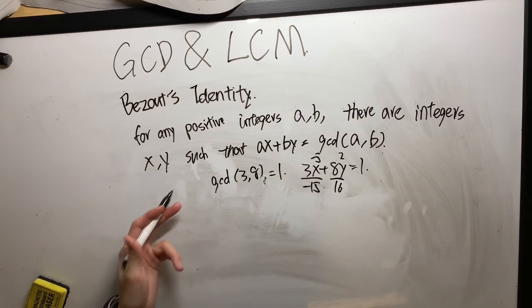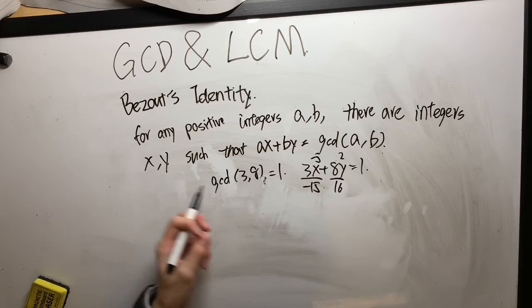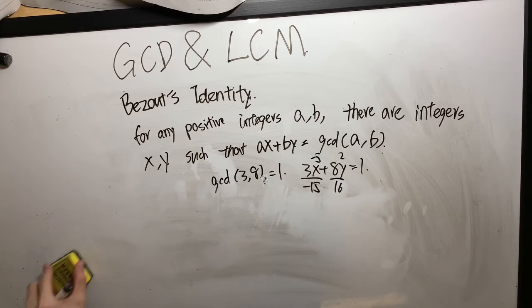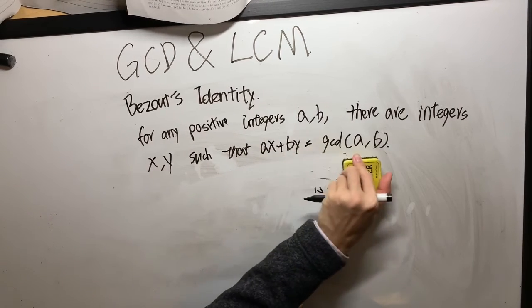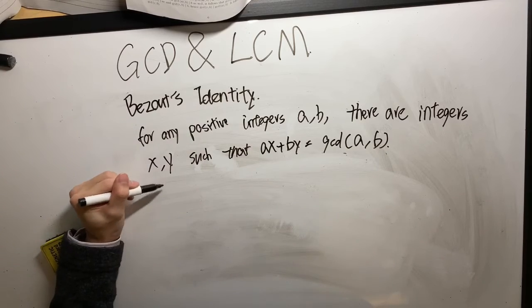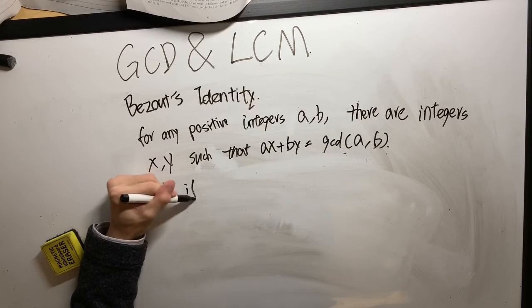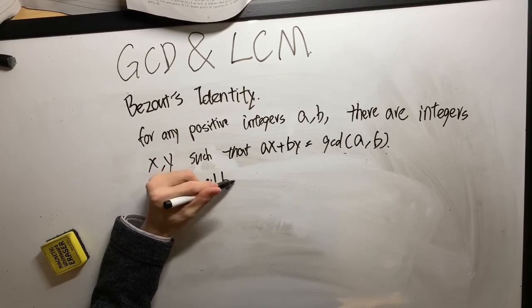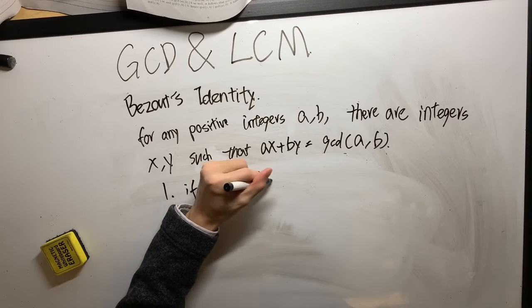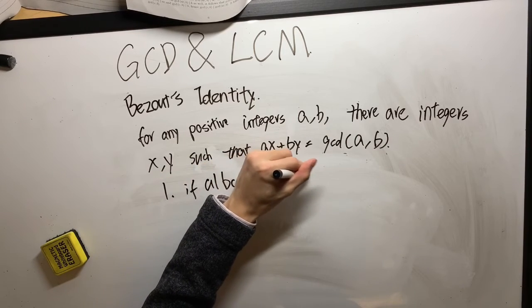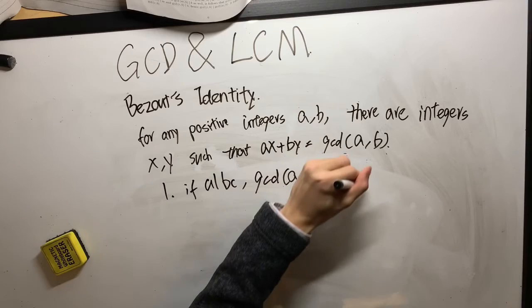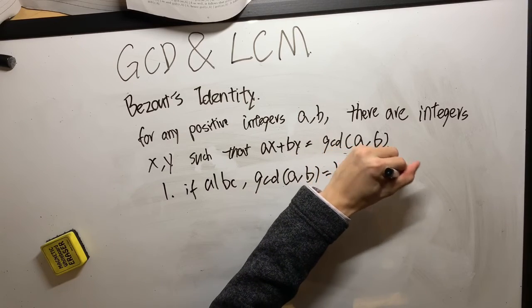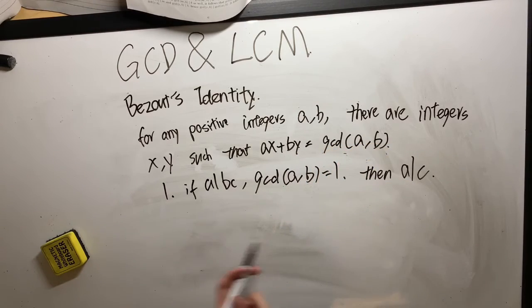So the theorem proves that. And there are some important corollaries. The first one states that if A divides BC and GCD of A and B equals 1, then A divides C. Why is that?